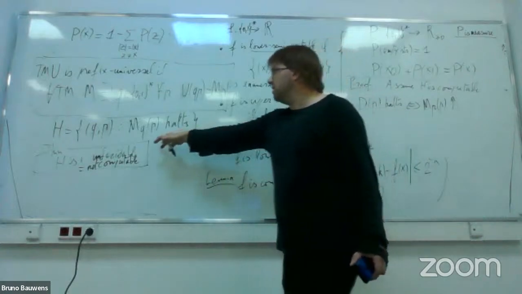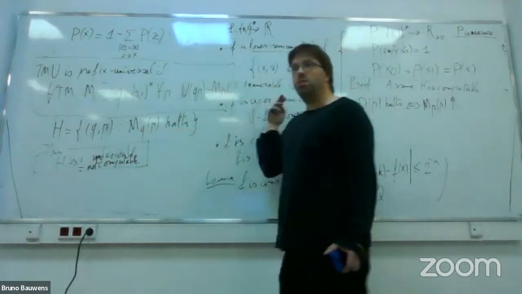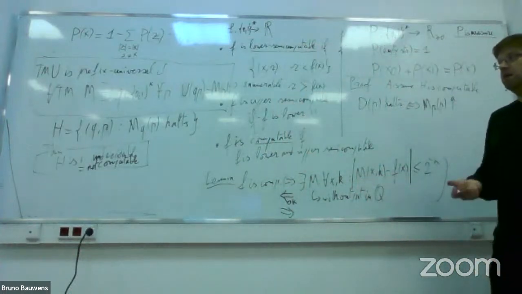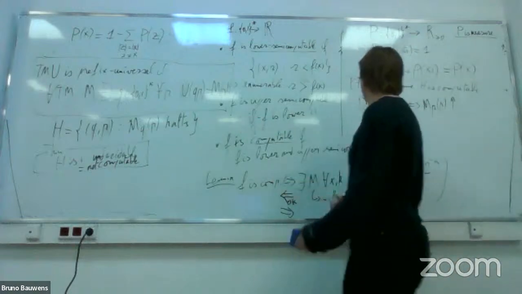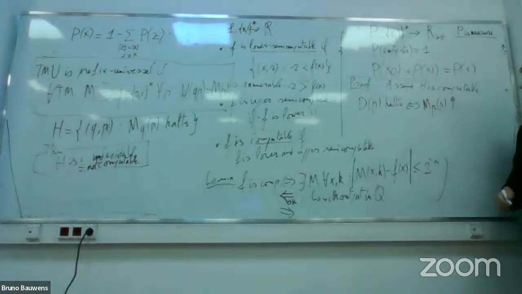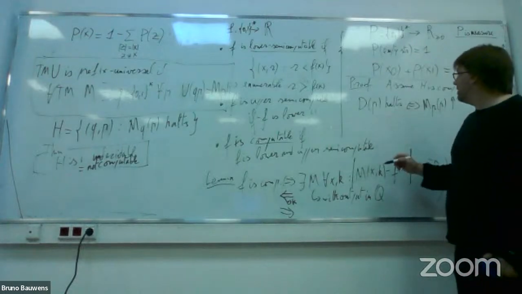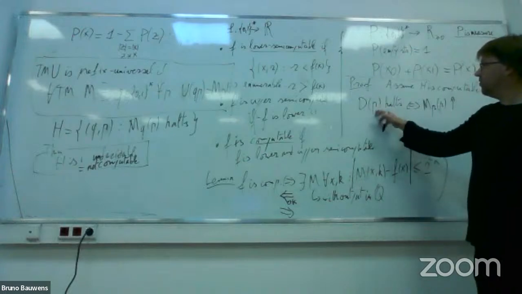If M_P(P) halts, it loops, and otherwise it halts. So it just does the opposite of this machine. So we know that this holds for all P.